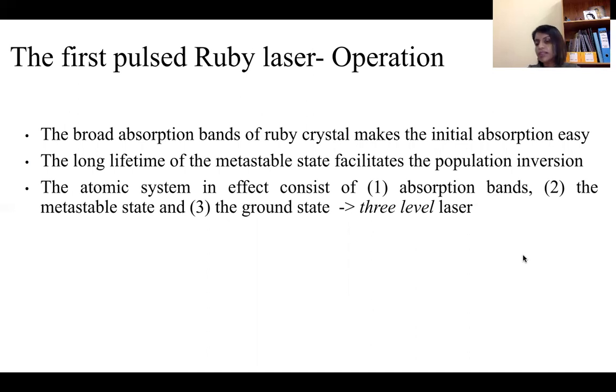So it makes the excitation or initial absorption process easier, and then it has a longer lifetime of the metastable state, and that facilitates the population inversion. The atomic system, in fact, consists of absorption bands, a metastable state and the ground state. So the first laser system is a 3-level laser.